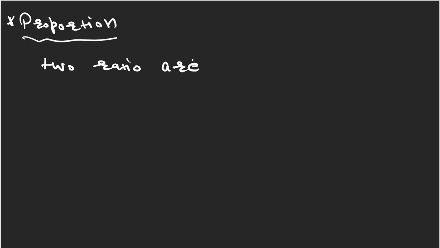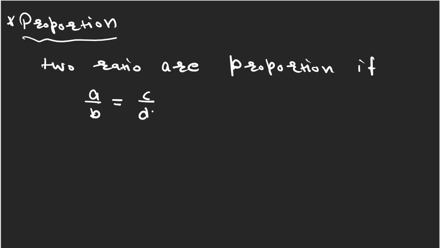Just like ratio is defined for two quantities, proportion is defined for two ratios. So we can say ratio of ratios is called proportion. Suppose we have one ratio a by b and another ratio c by d. If these two ratios are equal, then we'll say they are proportional.